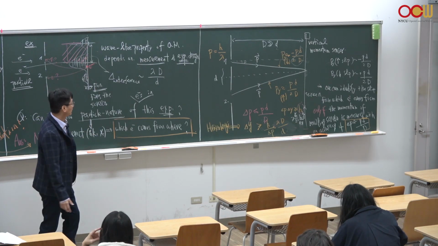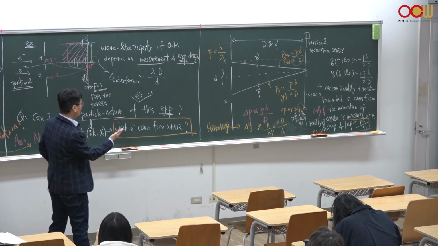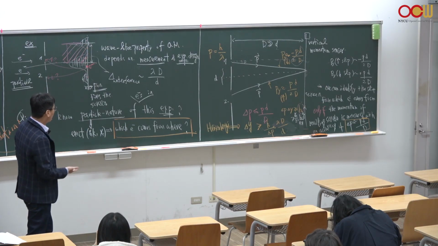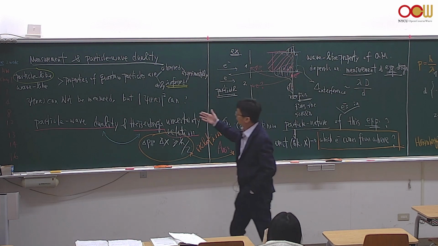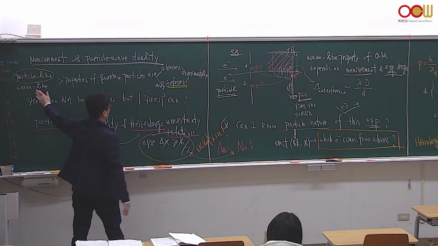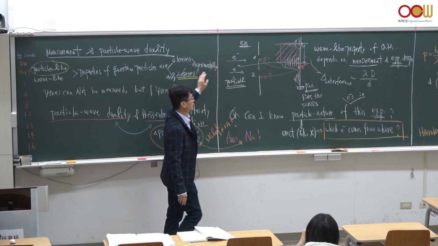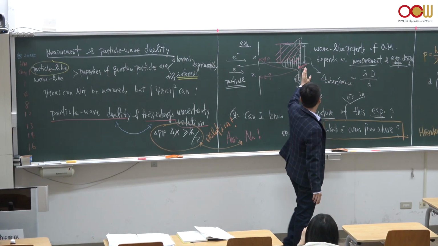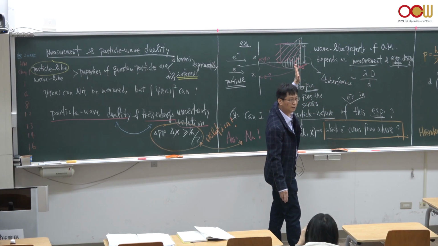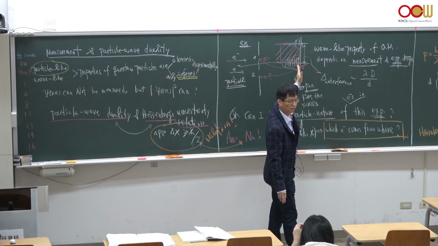Okay? And this kind of thought experiment or very rough estimation tells us that if you really want to probe the wave-like properties, you need to make a special design of your experiment so that you fix the screen. You should not let the screen move.